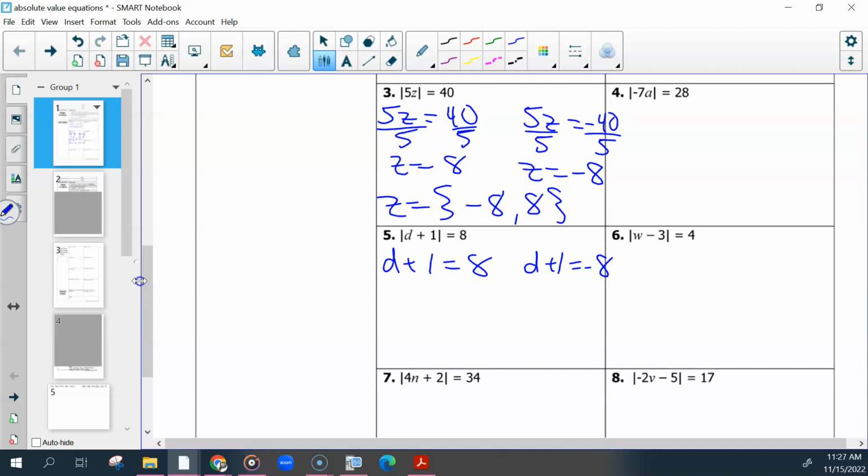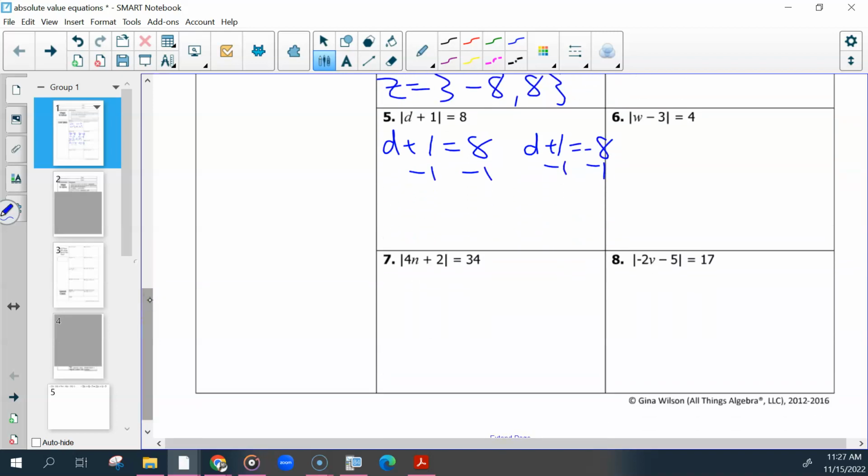Subtract 1. So this would give us what? D equals 7 and -9.